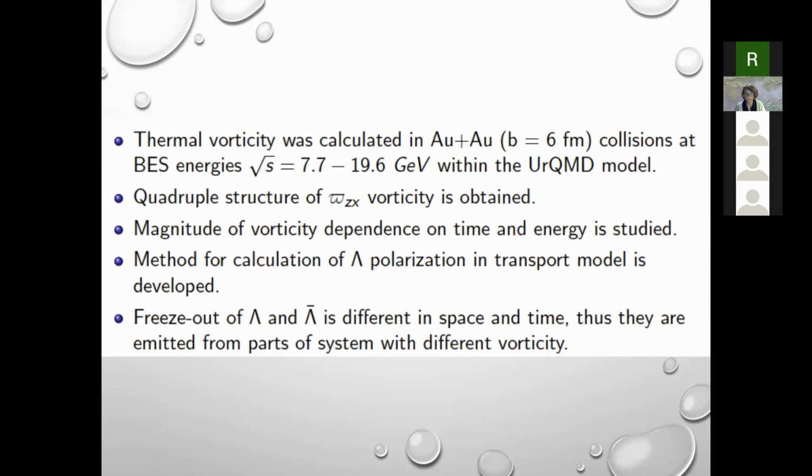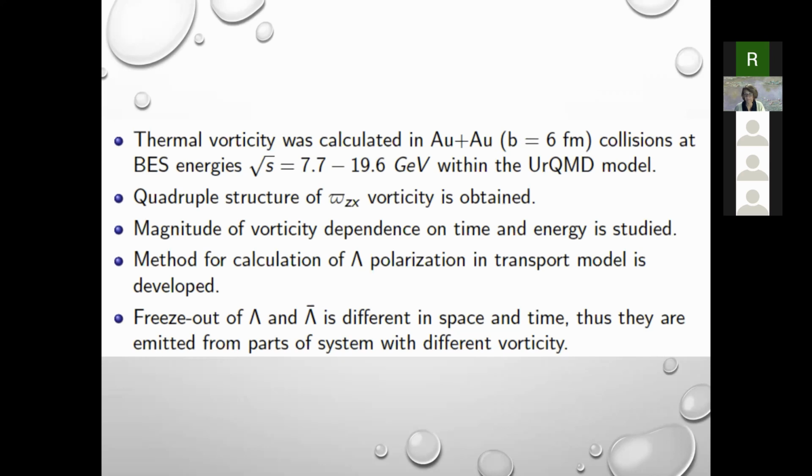So these hyperons are emitted from parts of the system with different vorticity. And also this result is nice and important because it doesn't contradict and it doesn't criticize any other effects. But it means that the baseline or background of this effect should include these different freeze-out times and different space of particle emission.